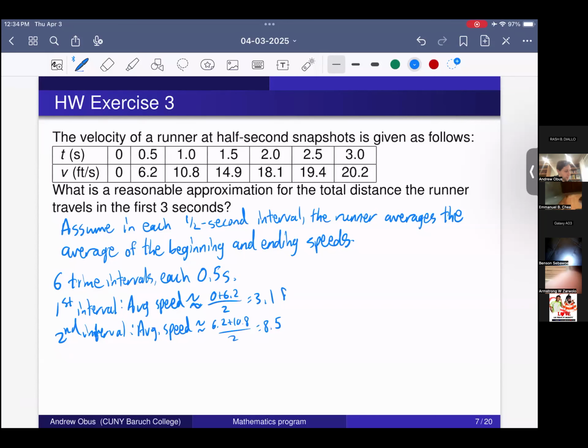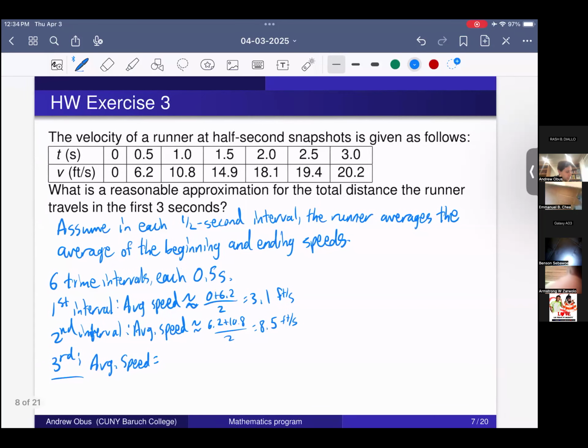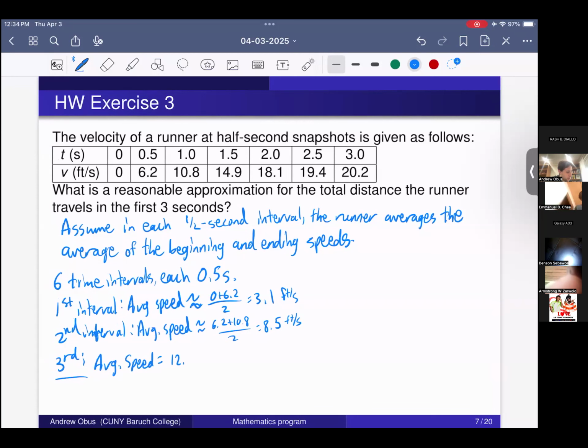This is all feet per second, but I'm not going to keep writing feet per second. Okay. And so third interval, average speed. At this point, I won't write out the computation. So 10.8 plus 14.9 over 2, that's 25.7, so that's going to be about 12.85.